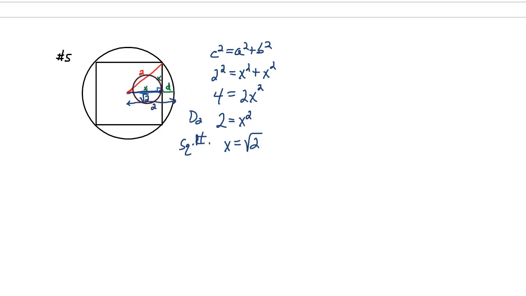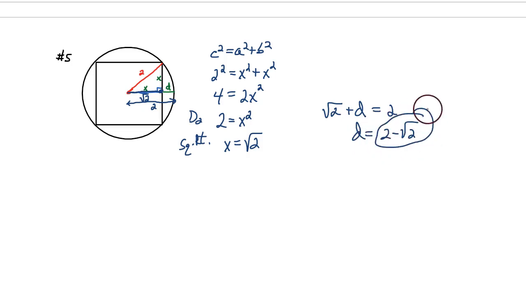The idea is I can add together these two pieces and I know the answer is 2. So the square root of 2 plus d is equal to 2. Subtract the square root of 2 from both sides to get the letter d alone. And here is our answer. Because this is a real-life problem, it might make sense to give a decimal for this. This is approximately 0.58, and I think that the numbers in the book were given in inches.